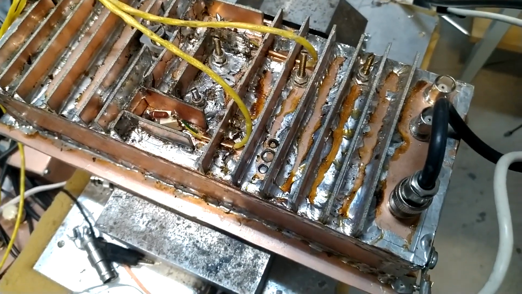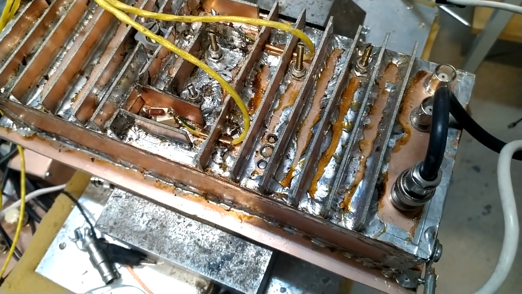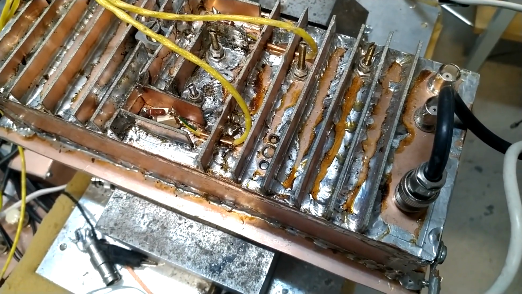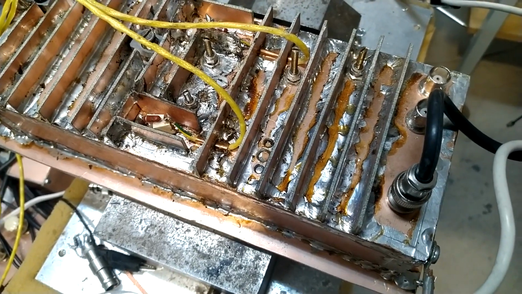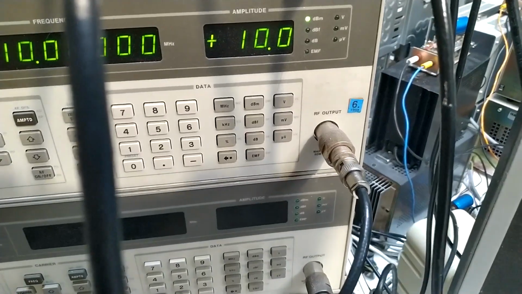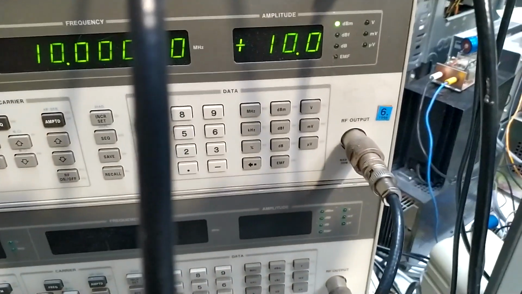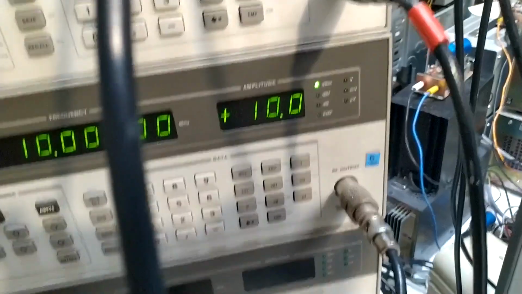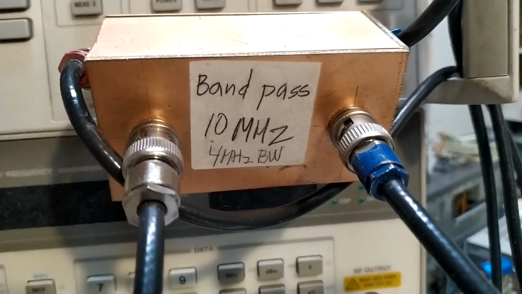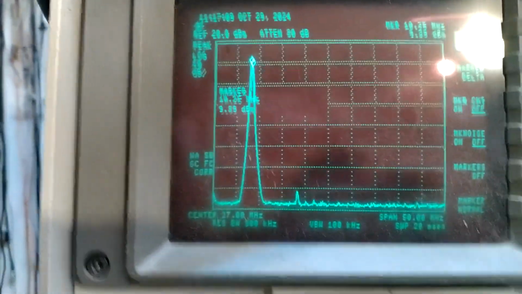The first thing I want to look at now is to see how the phase noise depends on the power level when I change the coupling capacitor to the crystal. In order to do that, I set one of the generators to 10 dBm at 10 MHz. And then I run the signal through a bandpass filter to remove the overtones, and then from the filter into the spectrum analyzer.